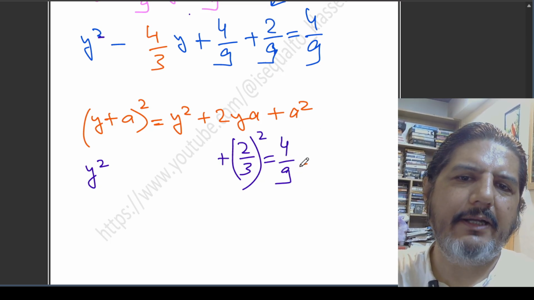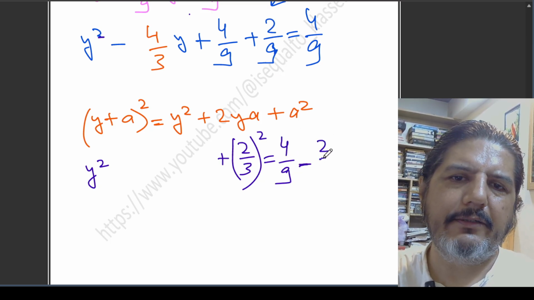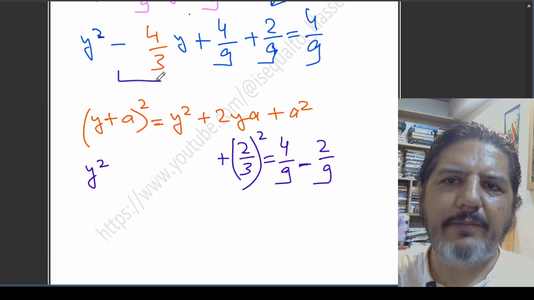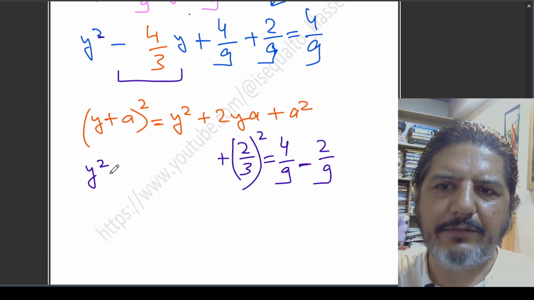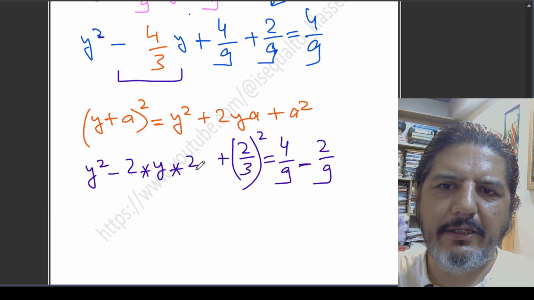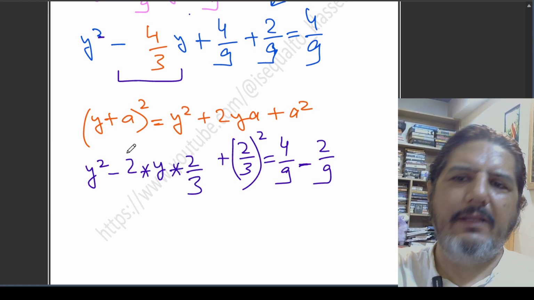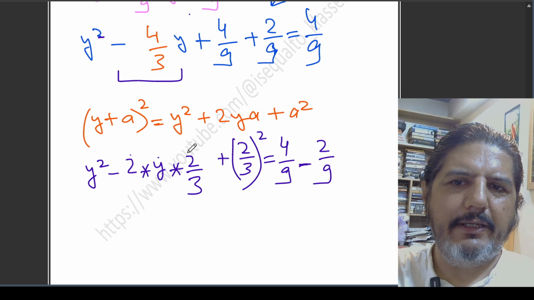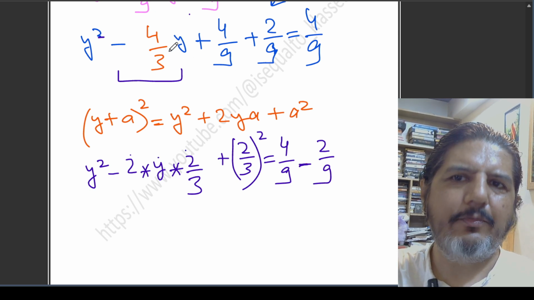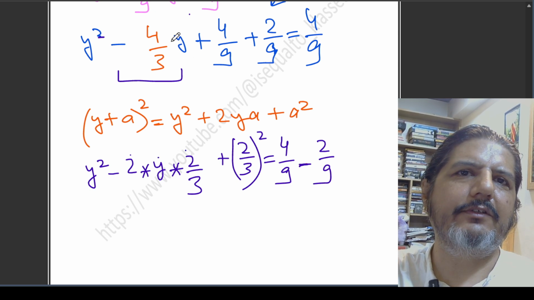This 2 by 9 I take it on the right hand side. And this minus 4 by 3y, I write this as minus 2 multiplied by y multiplied by 2 by 3. So 2 into y into 2, 4y upon 3. It is the same as it is written here.